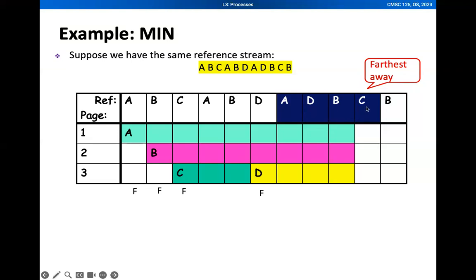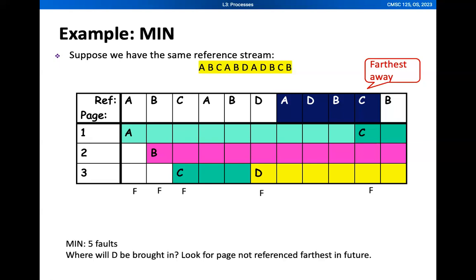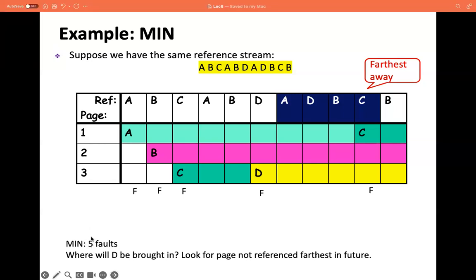And now C, so we have to look for the place where the C will be loaded. Let's just assume that A is the farthest away, so we replace A with C. And then you can see that there are 5 page faults at minimum.